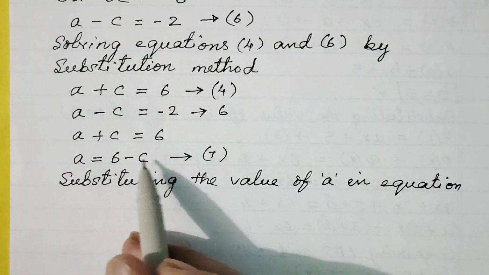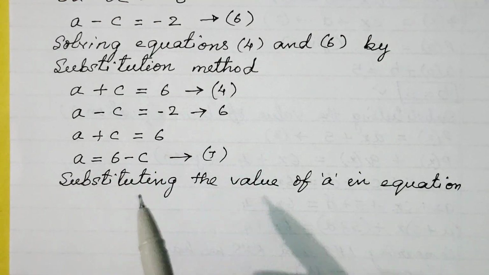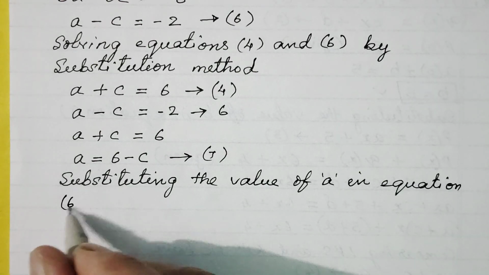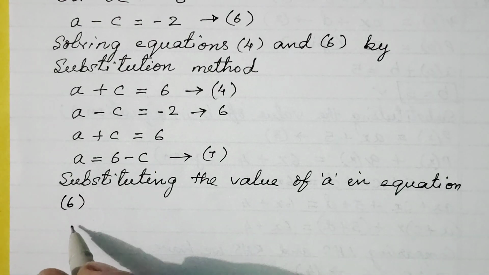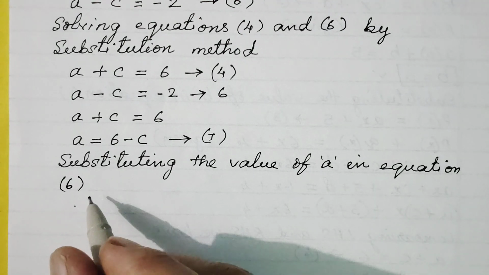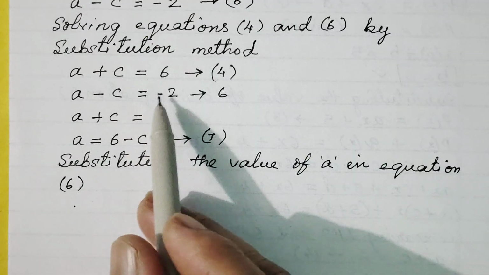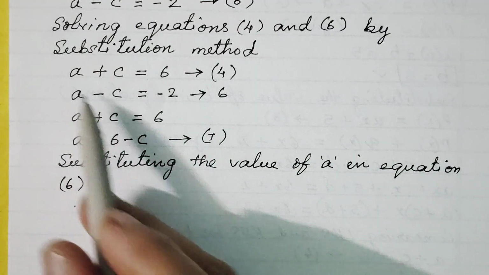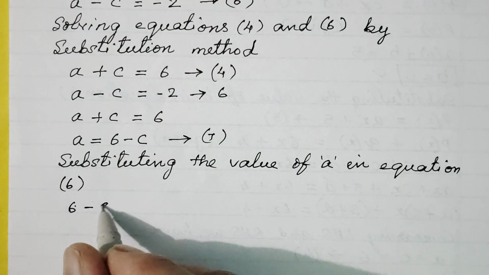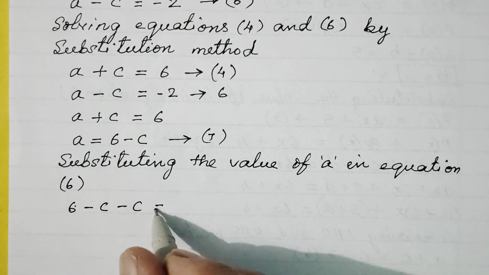I will substitute a equal to 6 minus c in equation 6. Equation 6 is a minus c equal to minus 2. In the place of a, I have to write 6 minus c. So I'll get 6 minus c is equal to minus 2.